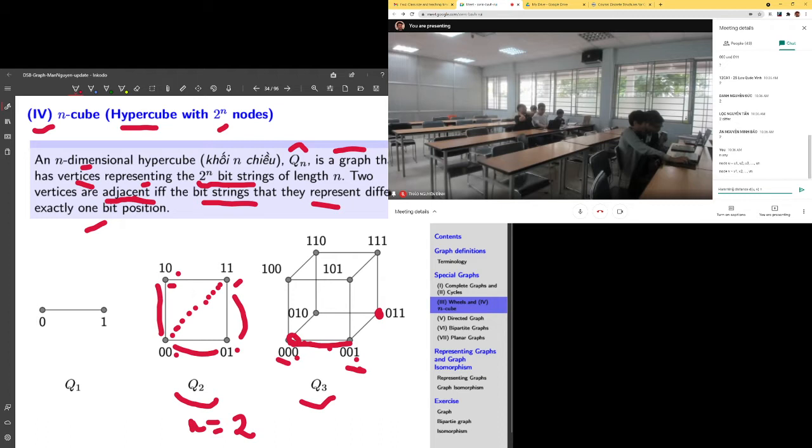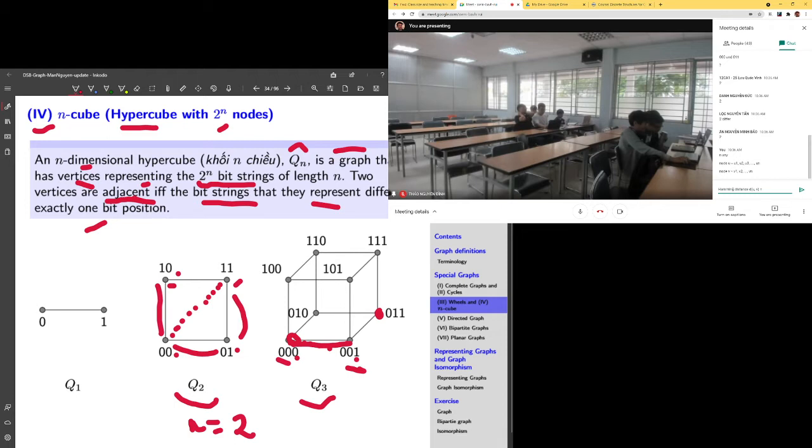Okay? Then tell me what is the range of the distance between nodes U and V. What is the possible value of the Hamming distance between U and V?